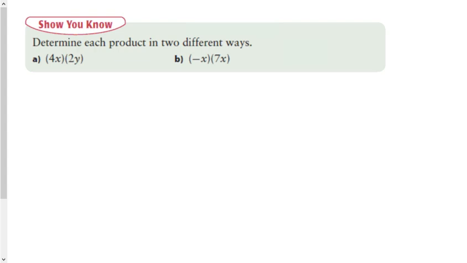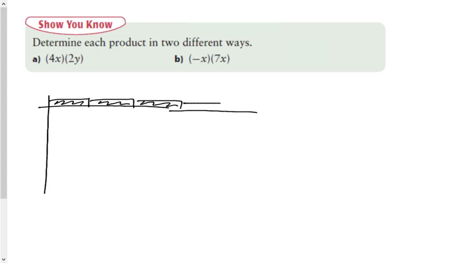So the first way we're going to solve it is with the area model. I'm going to have this little grid here, and I'm just going to use it for our x and y. So we're going to have 4 x's: a 1x and a 2x and a 3x, and one more, a 4x.